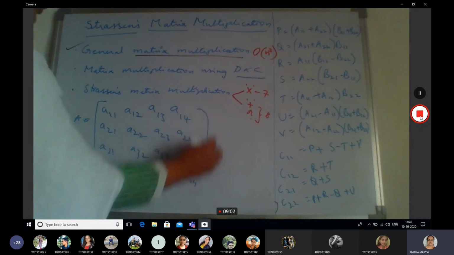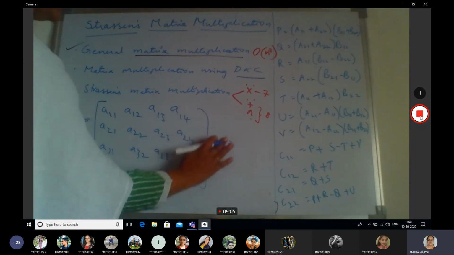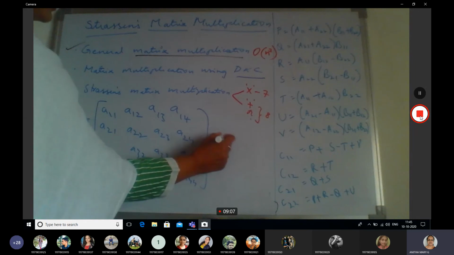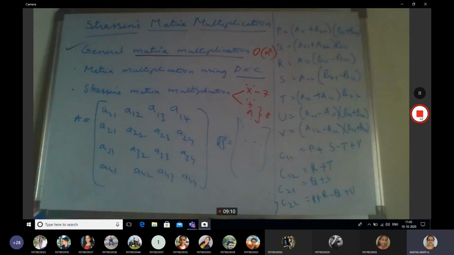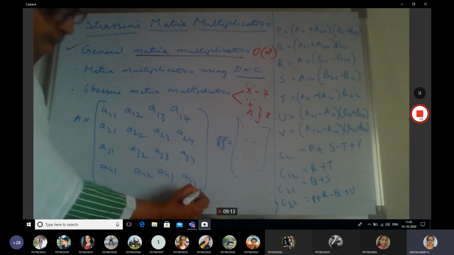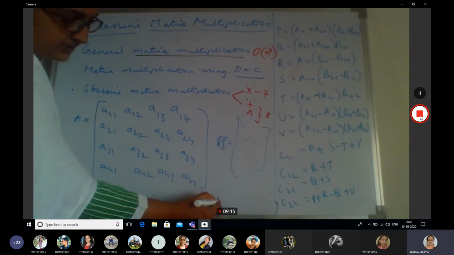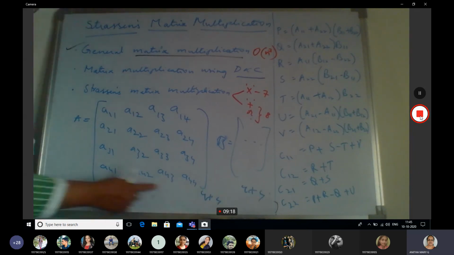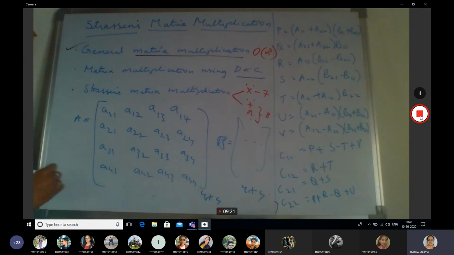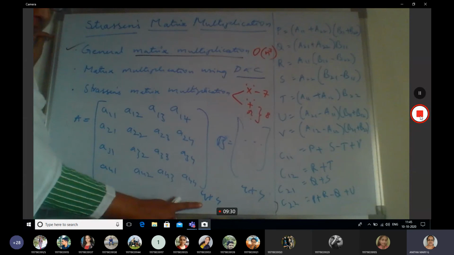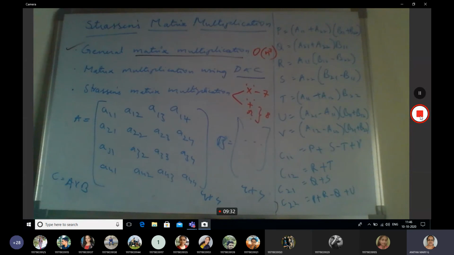Likewise, I also have B values, and so multiplying such 4 by 4 matrices, in order to get C is equal to A into B. Since 4 by 4 is a bigger problem, what we have to do? We have to divide.